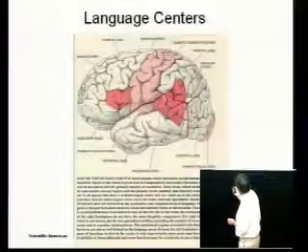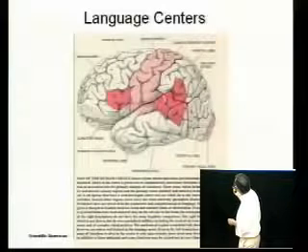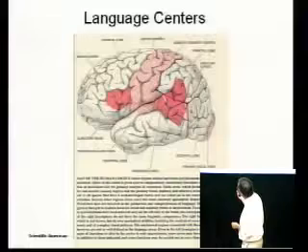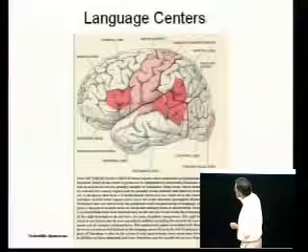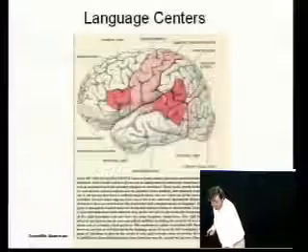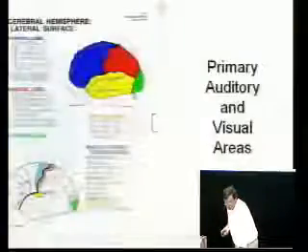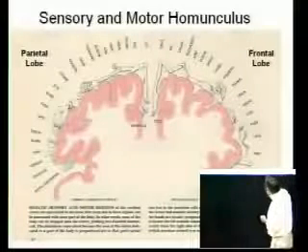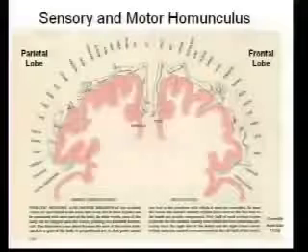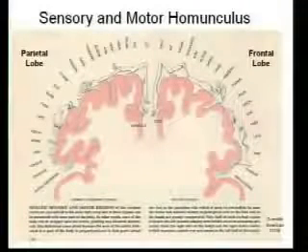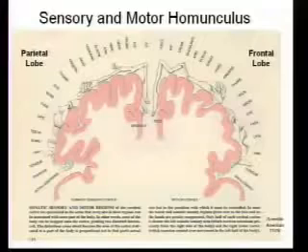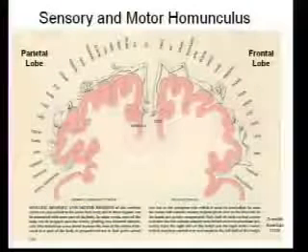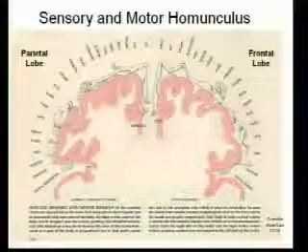Notice, just to make the point, where Broca's area is. It's right down here, very close to the lateral fissure. And if you remember our little homunculus, our little man in the head, and you look at the motor cortex here in the frontal lobe, you'll notice that the areas of the frontal primary motor cortex that control the movement of the face, the lips, the jaw, and the tongue are right here, again, very close to the lateral fissure.